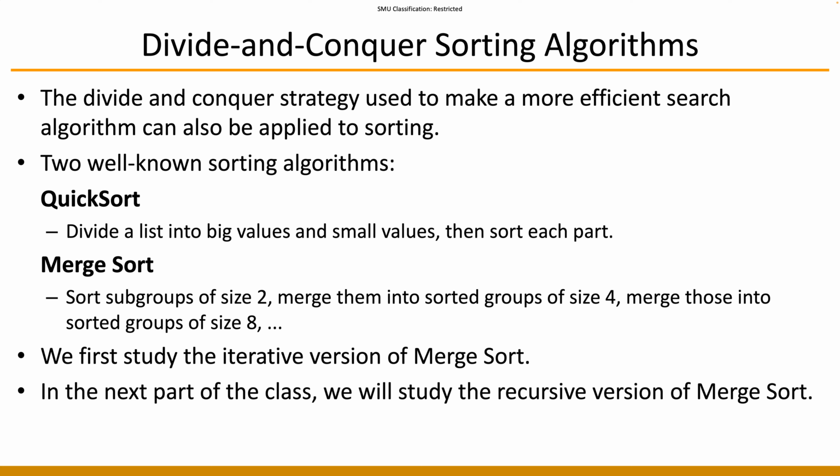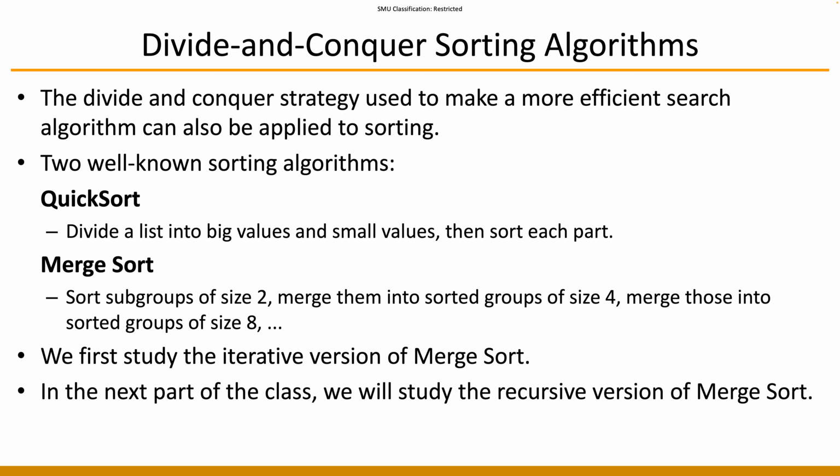The basic idea of merge sort is you start from basically the smallest possible unit, which is a single element. Then you try to merge them into gradually larger and larger cases. So the size of 1 merges into size of 2, size of 2 merges into size of 4, size of 4 is merged into size of 8, and so on and so forth.